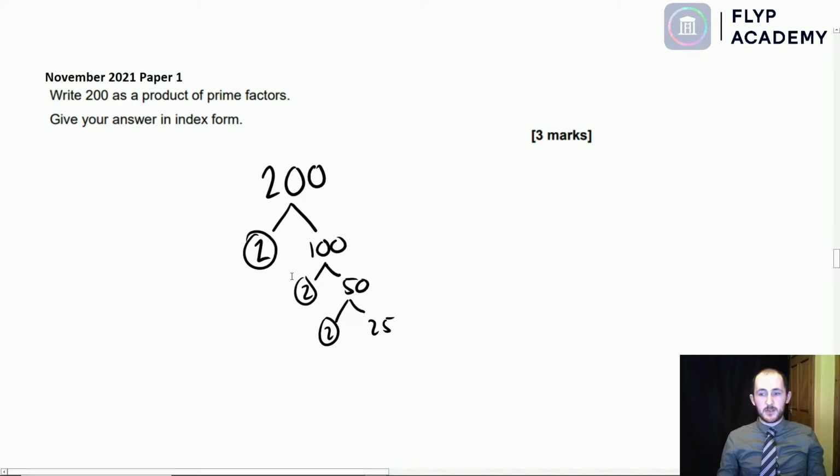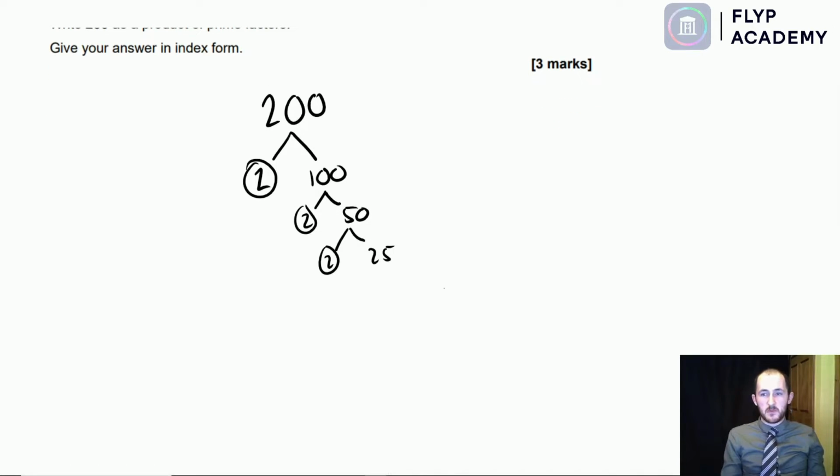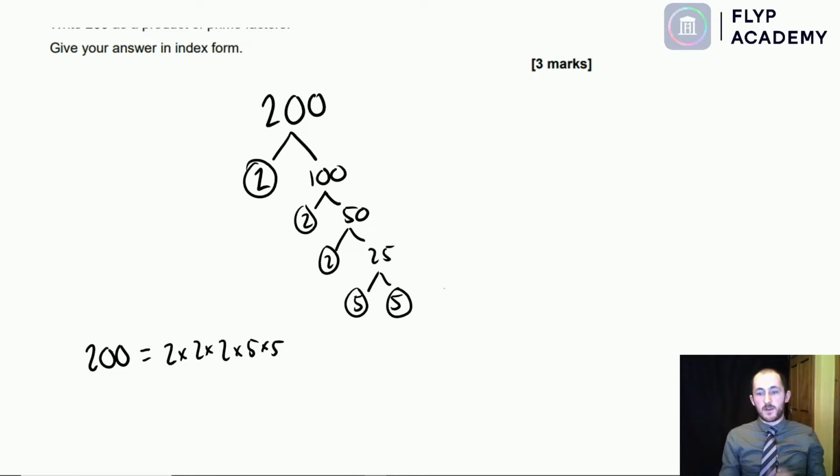I can't divide that by 2 anymore, but can I divide it by another prime number? Well, 5 works. So 200 is equal to 2 times 2 times 2 times 5 times 5. And if you were to use it on a calculator, you'd find that that is indeed true.